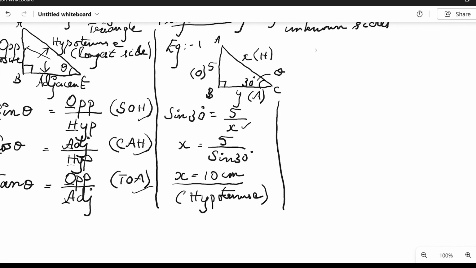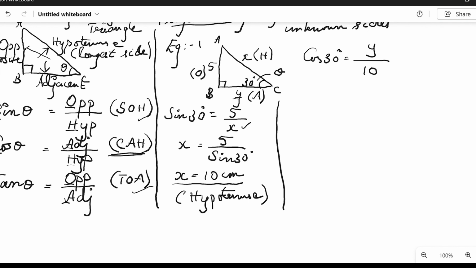The next part I am going to do is take cos theta. So cos 30. If I take cosine 30, you know what cos is? It's nothing but adjacent by hypotenuse. According to me, this is my adjacent, so it is y by hypotenuse. I just now found the hypotenuse to be 10.